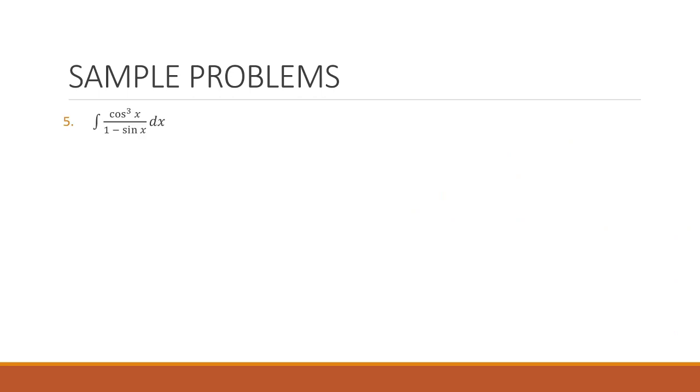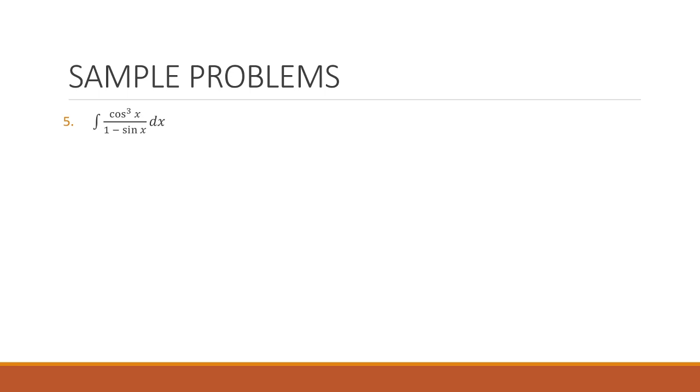Next problem, number 5. We have here the integrand is cosine cube x all over 1 minus sine x. So this one requires a bit more manipulation compared to the previous examples. Okay, so for this one, I guess we have at least 2 ways to start the simplification process.